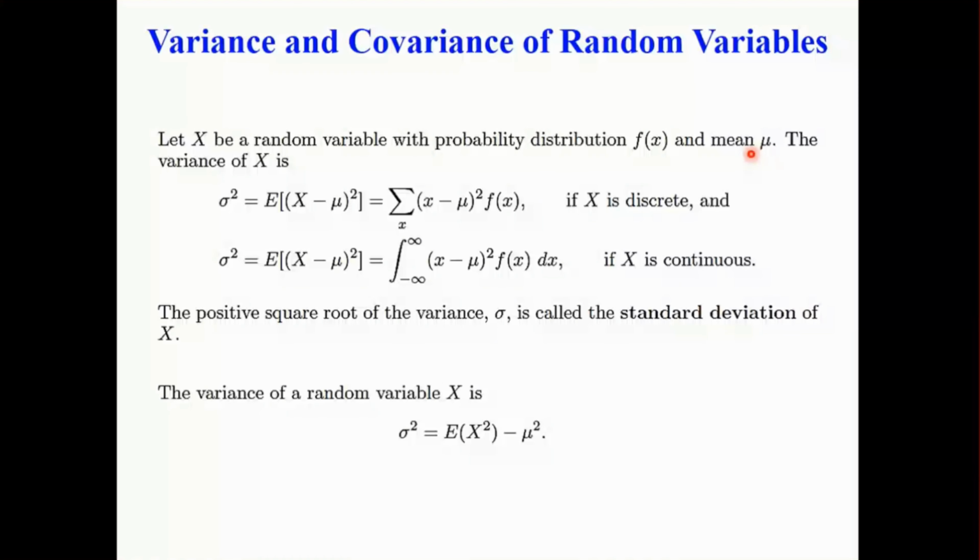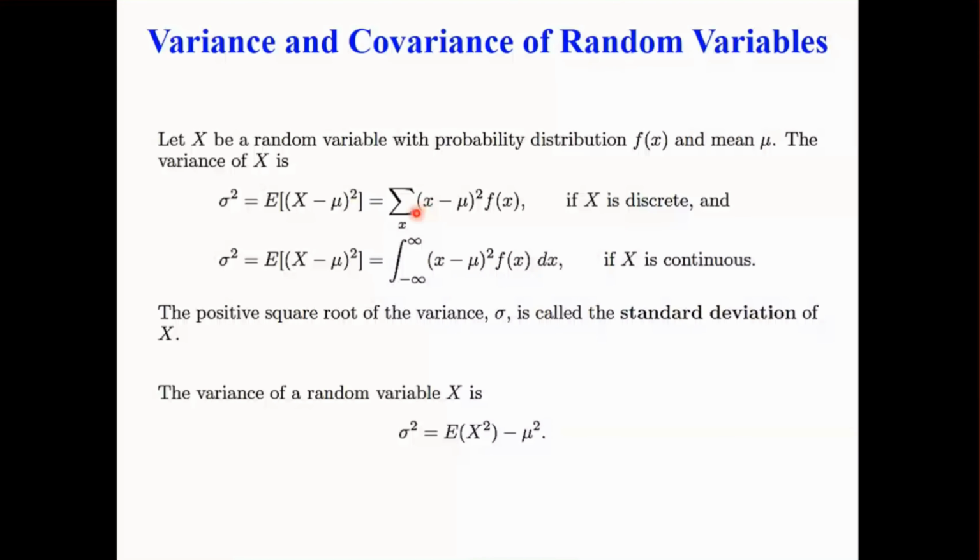Then we have to find the variance. And what is the variance formula? Sigma square is the expectation of, this is important, here we are finding the expectation of capital X, the random variable x, minus mu whole square.